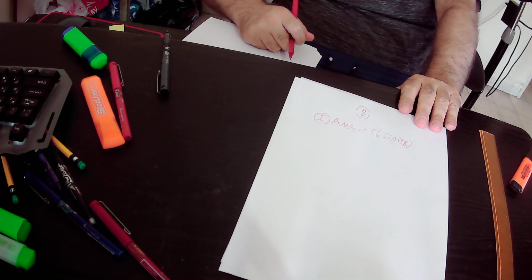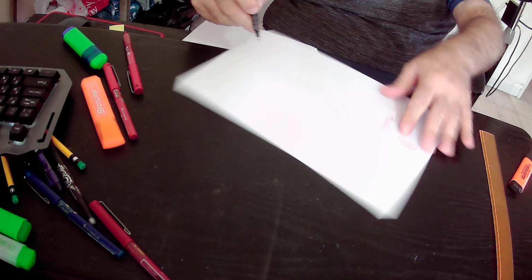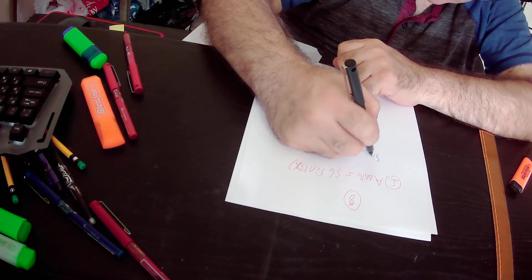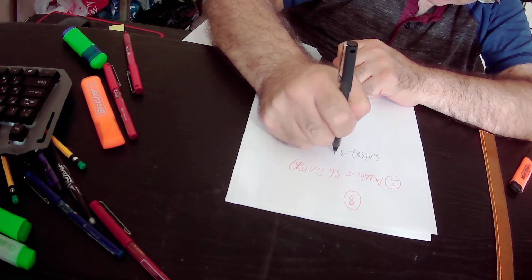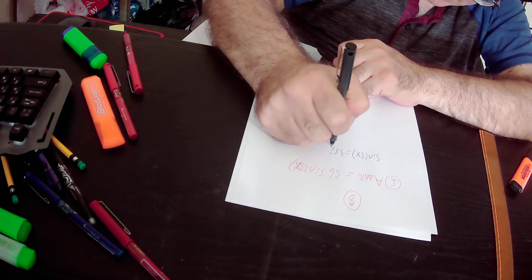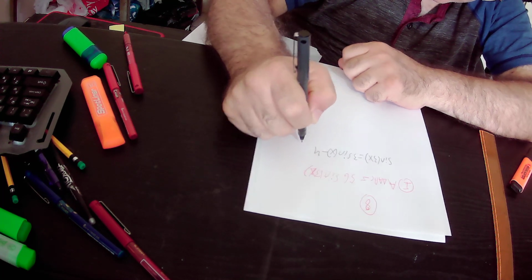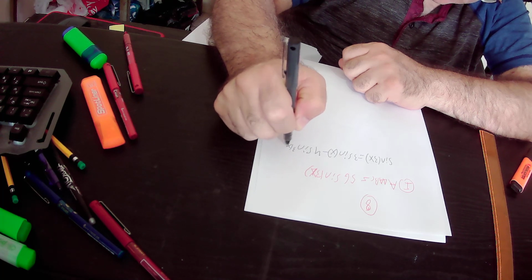Here we have a trigonometric identity for the value of sine 3x. The value of sine 3x equals 3 sine x minus 4 sine cube x.